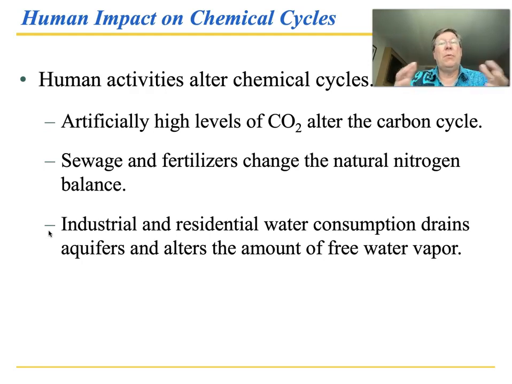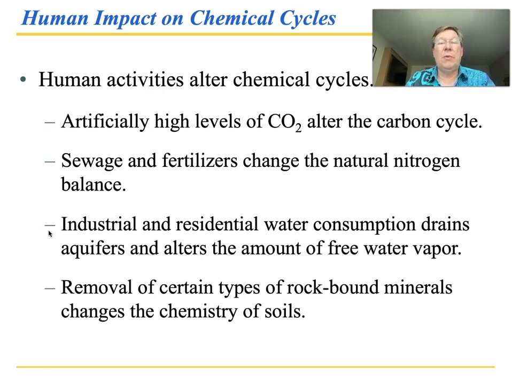So on the one hand, we're decreasing the water that's in the ground, but we're increasing the water that's in the atmosphere, because we're using so much water to put out on the land. This could be in terms of agriculture, or in terms of our own water consumption. There's now a lot more water vapor than there would naturally be. So these are some key issues when we're dealing with that.